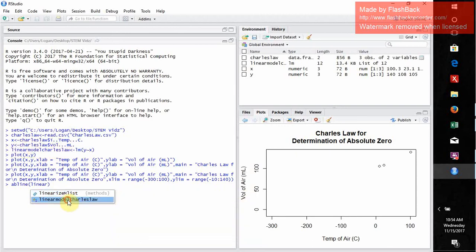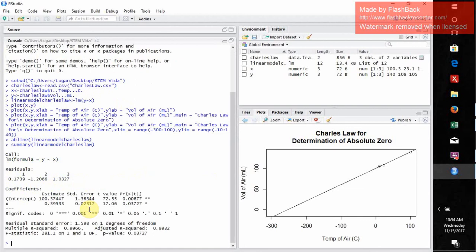So I can actually just click here, abline linear model Charles law, and there we go. Now we don't have the equation of the line, right? But that can be had using a summary code, and we're going to do a summary of the linear model. Boom. And this is how R gives us the equation of the line.